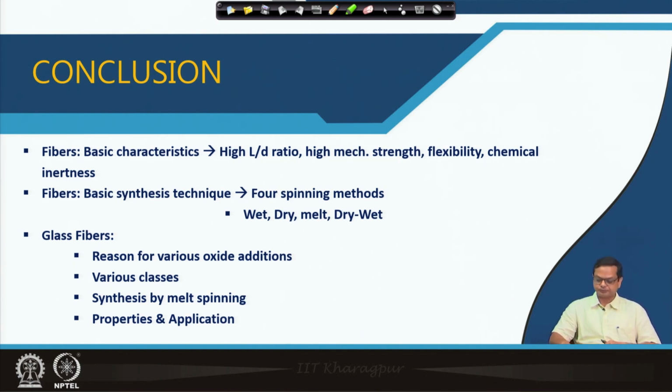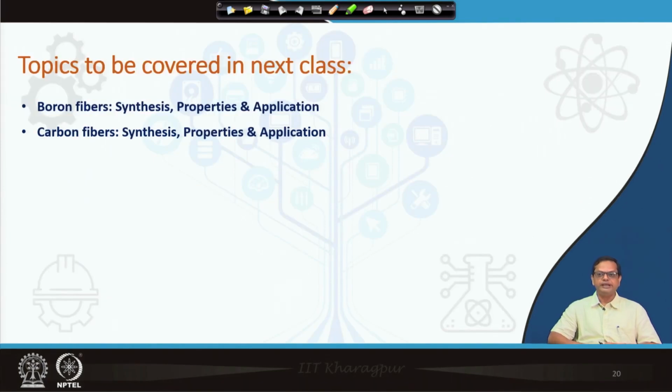In the next class, I want to continue in this direction. As we have discussed glass fiber today, in the next class I will talk about boron fiber and carbon fibers, and in the subsequent classes I will talk about Kevlar fibers and other ceramic fibers as well.